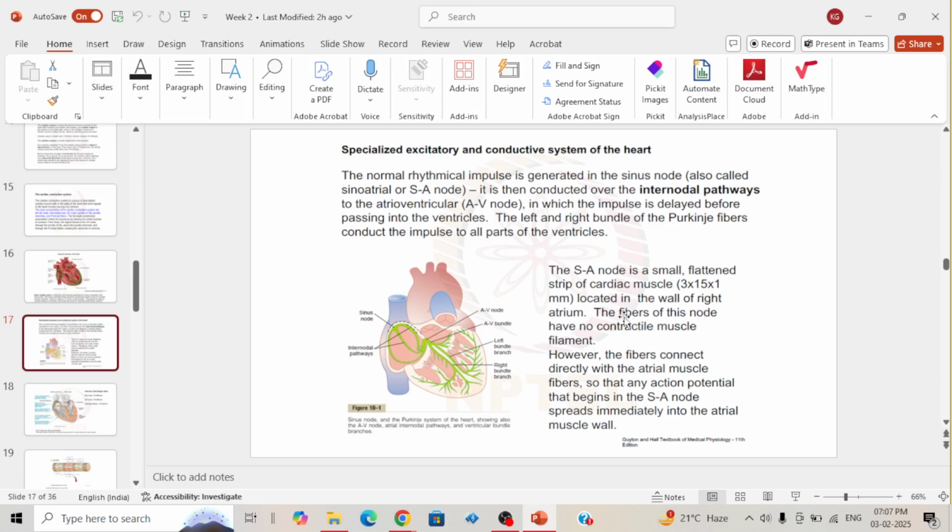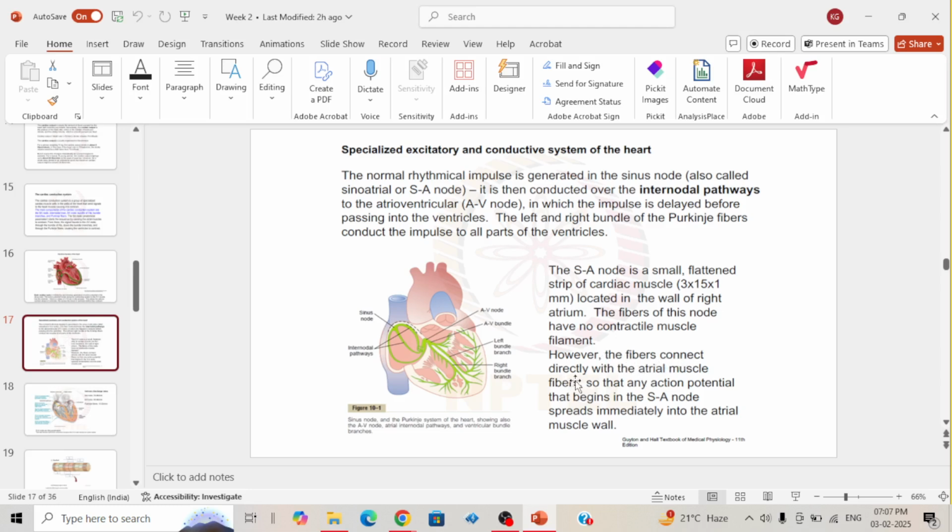So the fibers of this node have no contractile muscle filaments, meaning actin and myosin are comparatively much lesser. It can be nil, but they are much lesser than the other cardiac myocytes.